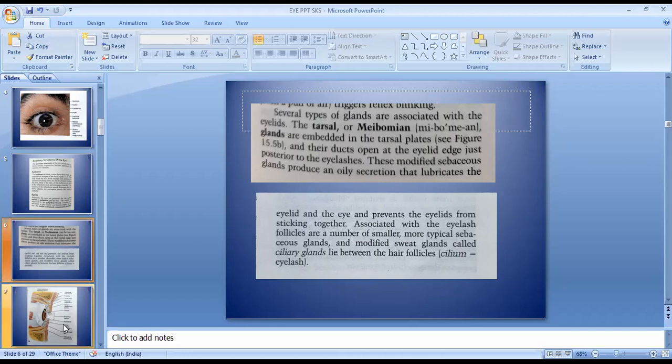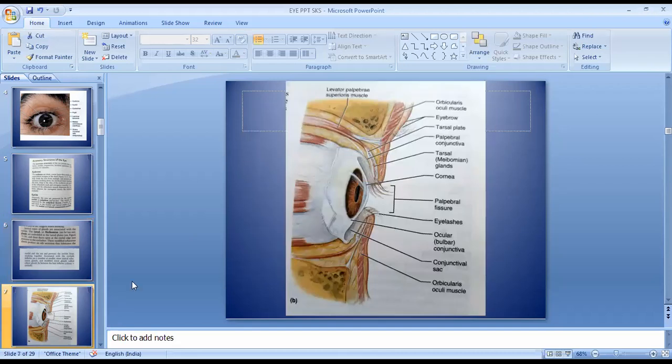You can see over here, this is the eye, the eyelid, and in the eyelid, this gap is called the conjunctival sac.